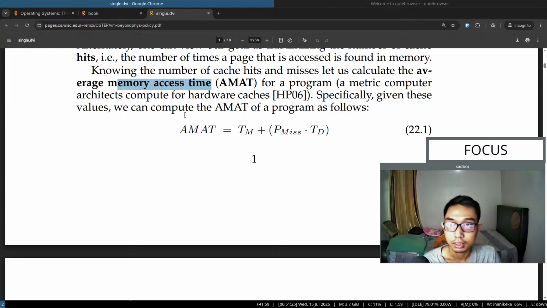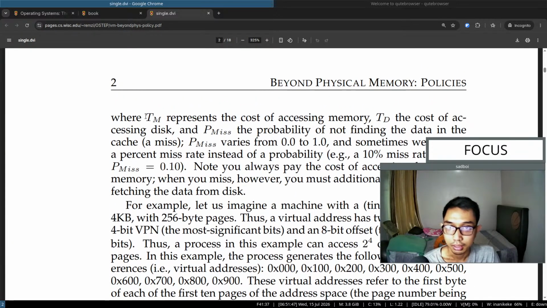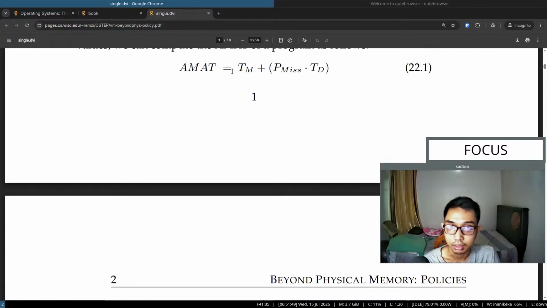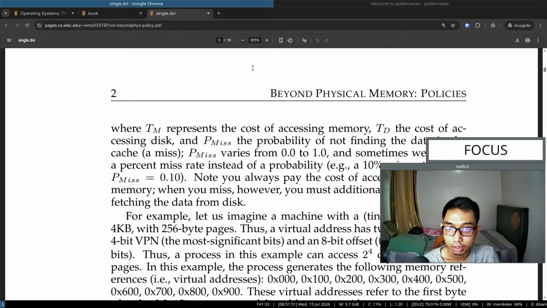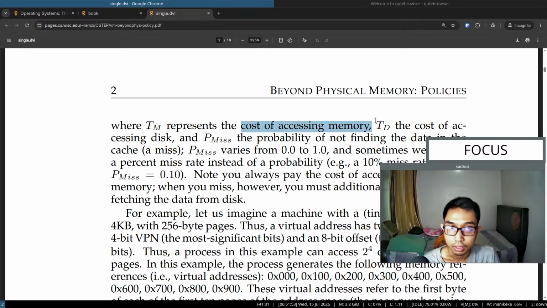Specifically, given these values, we can compute the average memory access time of a program as follows. AMAT = T_M + P_Miss × T_D. T_M here represents the cost of accessing memory.